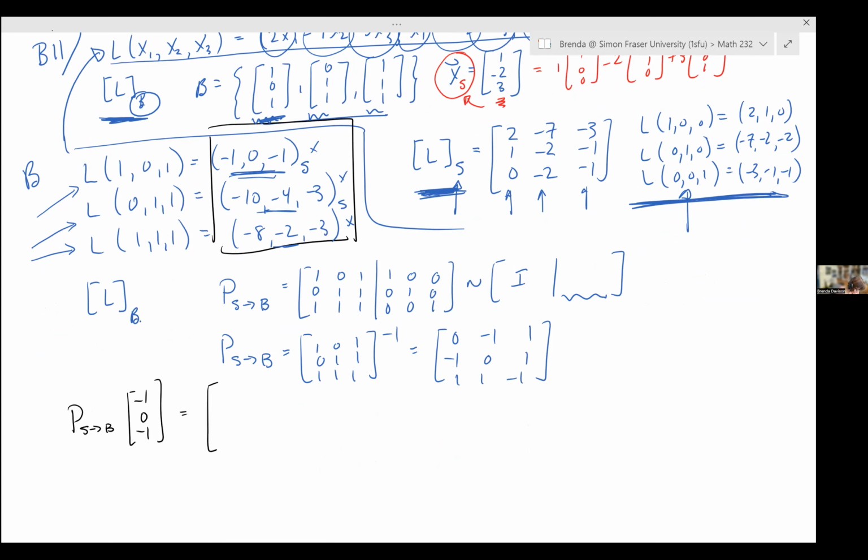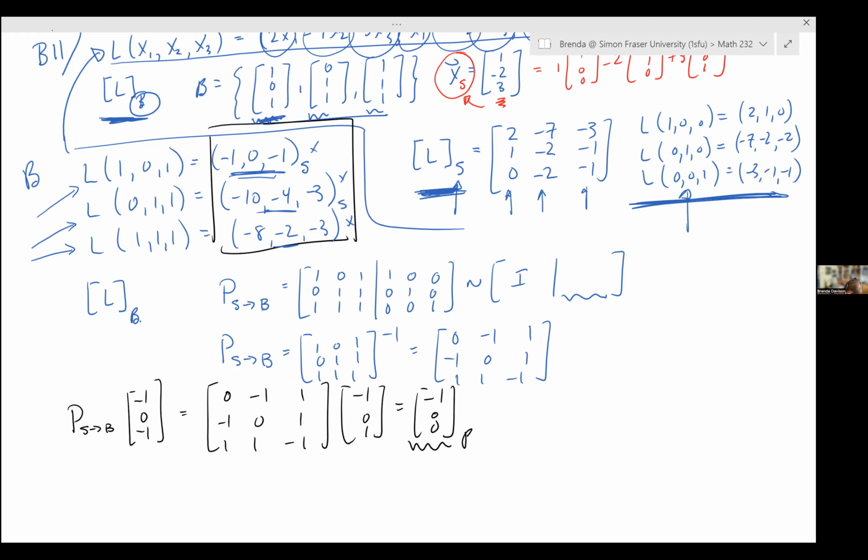Let's just do that calculation. I would go here and I would go 0, minus 1, 1, minus 1, 0, 1, 1, 1, minus 1. And then I multiply by minus 1, 0, 1, and I get minus 1, 0, 0.